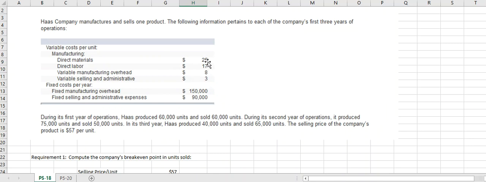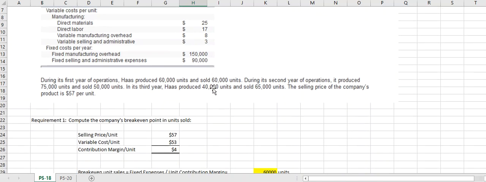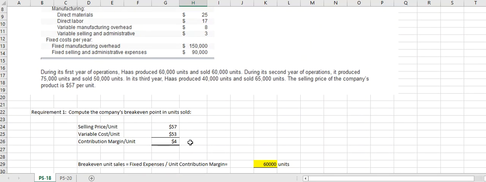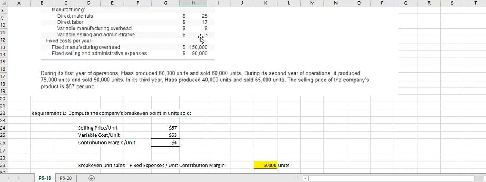So we're going to divide these: cost of goods sold is the first 3 items, direct material, direct labor, and variable manufacturing overhead. Where did we calculate that? We calculated it here in Part 2A for our variable costing unit product cost. So those are $50 per unit that it cost us in cost of goods sold. Selling and administrative is $3 per unit.